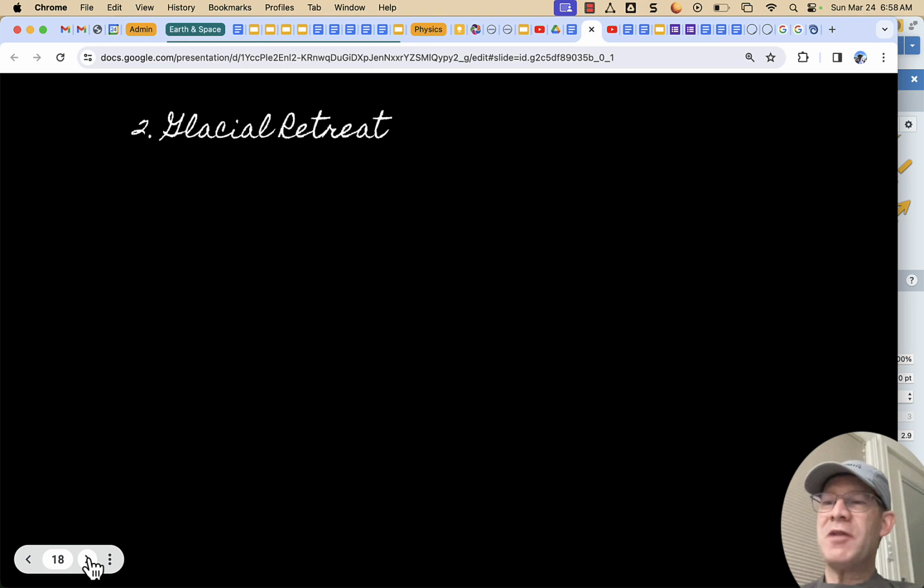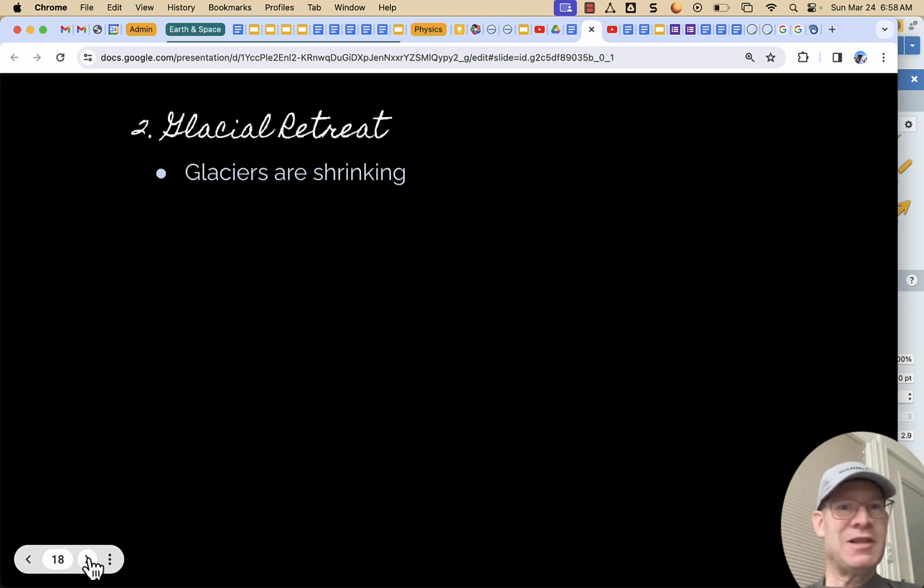Okay, so some stuff about the glacier retreat from the video. One, glaciers are shrinking. So lots and lots of evidence for that. Water levels are rising. That snow, that solid water that was piled up on land, well, that's going down into the liquid water, and it's making things higher.